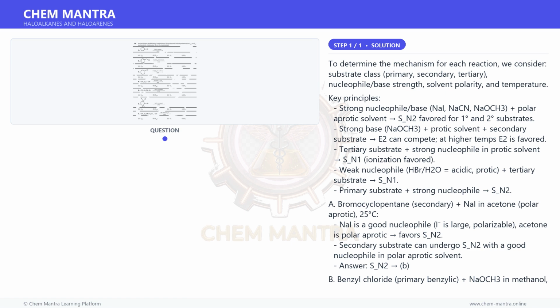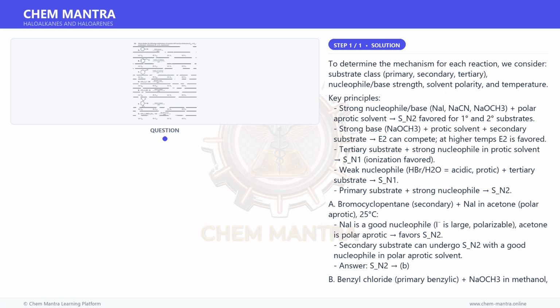SN2. C. Chlorocyclohexane, secondary, plus NaOCH3 in methanol, 25 degrees Celsius. NaOCH3 is a strong, bulky base in a protic solvent. With a secondary substrate and a strong base, E2 is favored over SN2, because methoxide is also a strong base and the substrate is secondary.